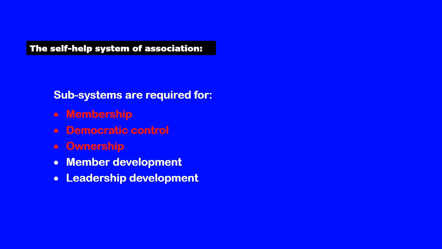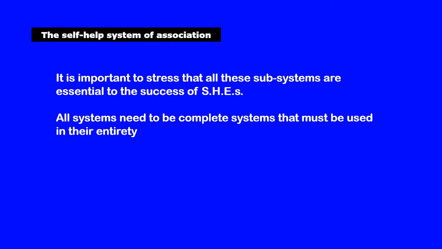The system of association required with SHEs comprises 5 essential subsystems. These are membership, ownership, democratic control, member development, and leadership development. It's most important to stress that all these subsystems are essential to the success of SHEs.